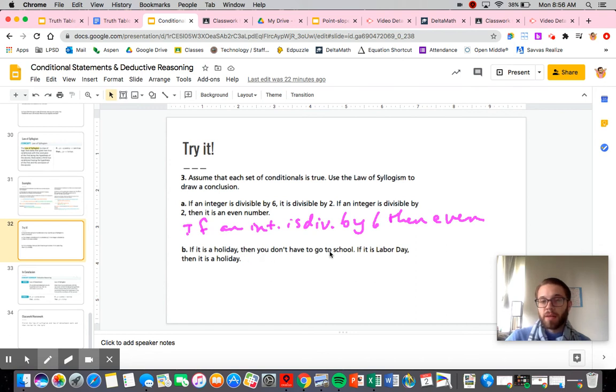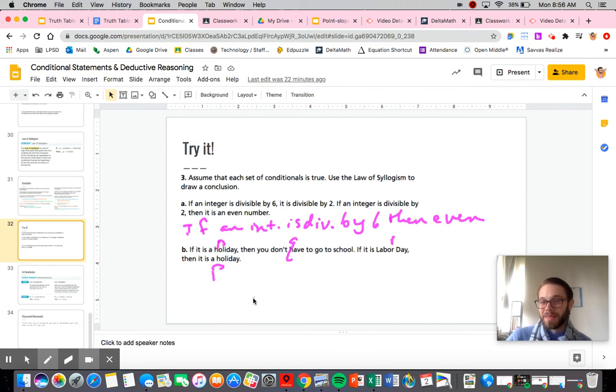If it is a holiday, then you don't go to school. If it is Labor Day, then it is a holiday. All right, can we conclude anything about this? So we're saying, again, remember the law of syllogism. If P implies Q, if Q implies R, so this is our P and this is our Q. Well, that's R, back to P, so I actually can't conclude anything on this one, right?